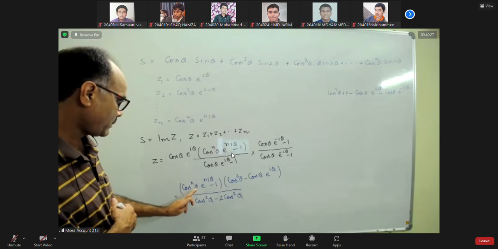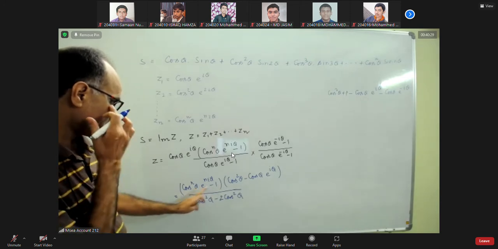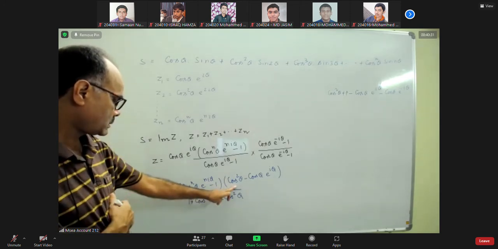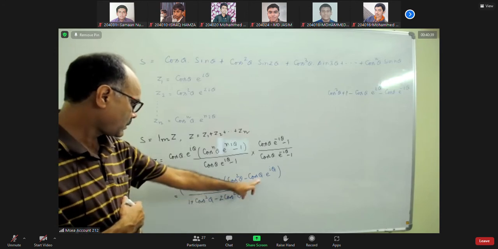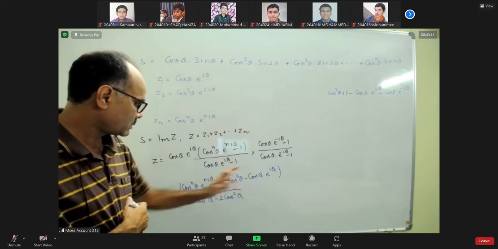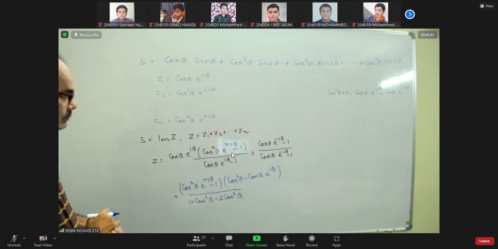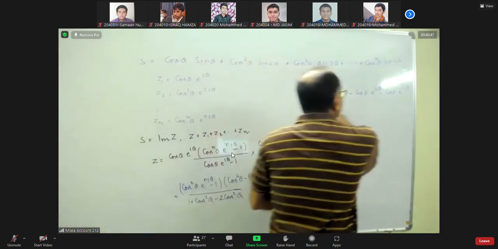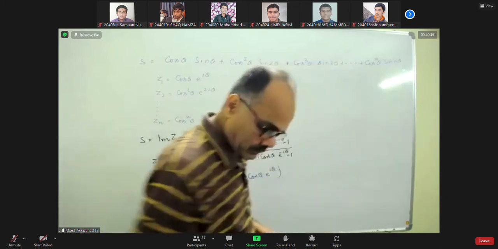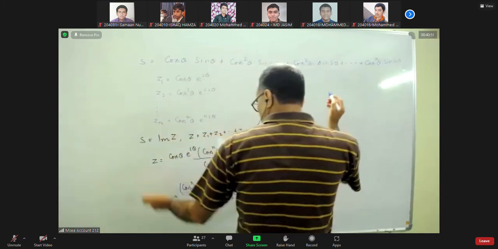Imaginary part will be this into this into this. Imaginary part of Z is S equal to.